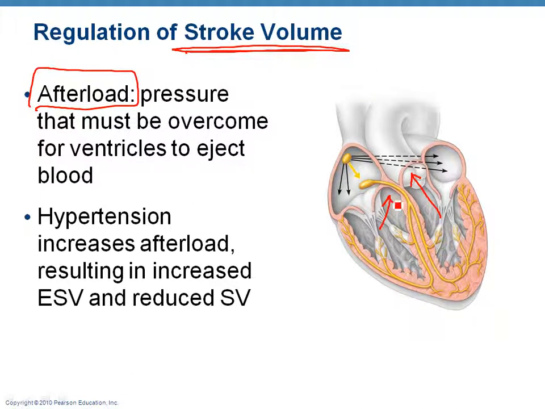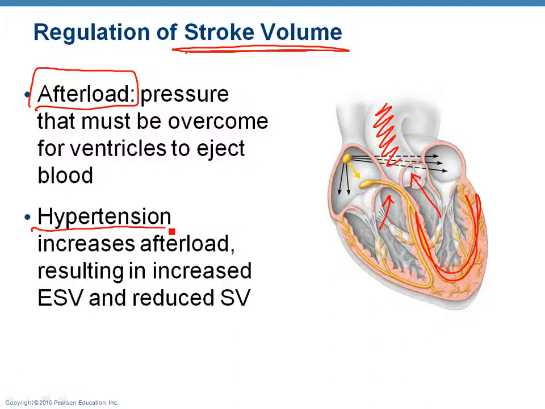Because remember, those semilunar valves don't open up until the pressure in the ventricles exceeds the pressure in the aorta and the pulmonary trunk. So if you have hypertension, and the pressure in the walls of your aorta and pulmonary trunk are higher than they should be, that's going to cause a delay in your semilunar valves opening.